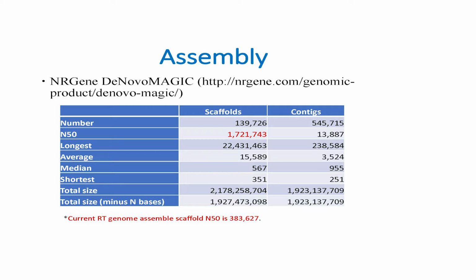One notable data point I want to show here is the N50 of the scaffolds. This assembly with NRGene has over 1.7 million base pairs for the N50 of the scaffolds, and the current version genome assembly is only 383K base pairs.